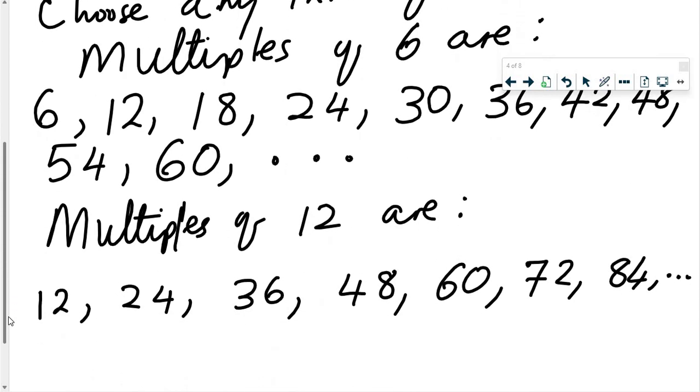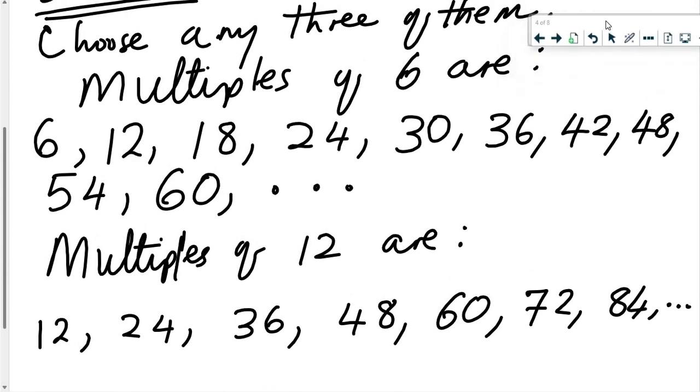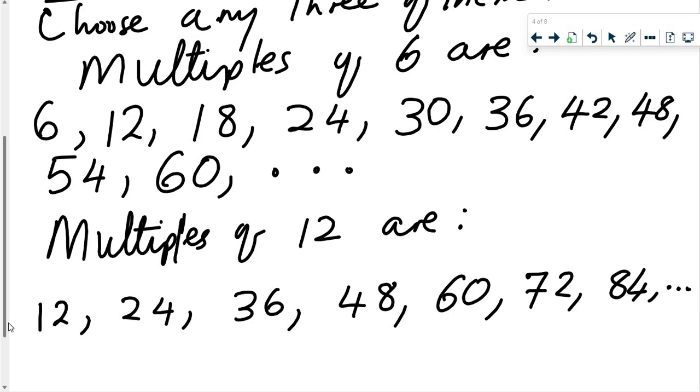So what do we do? We're going to select only those which are multiples of 6, but they are not multiples of 12. We have to avoid only multiples of 12.